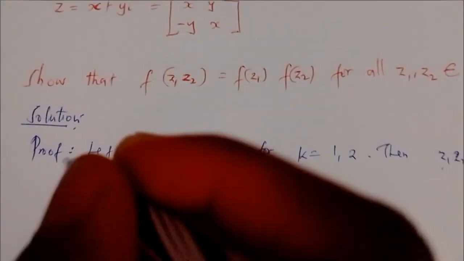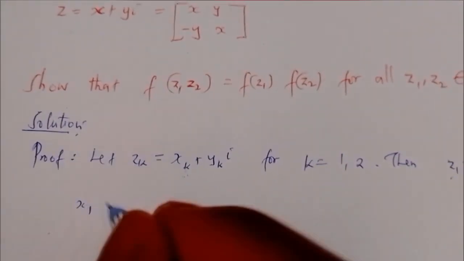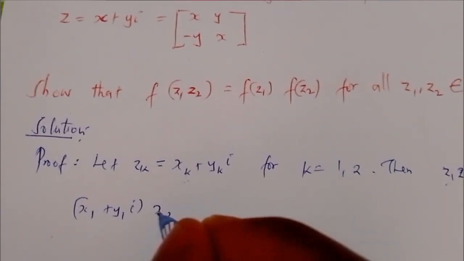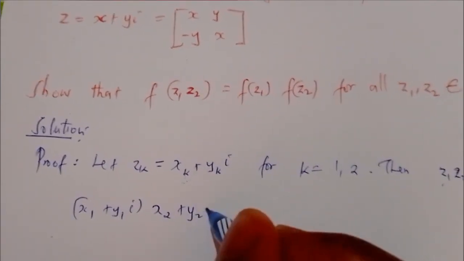Now we have x1 plus y1 i times x2 plus y2 i.